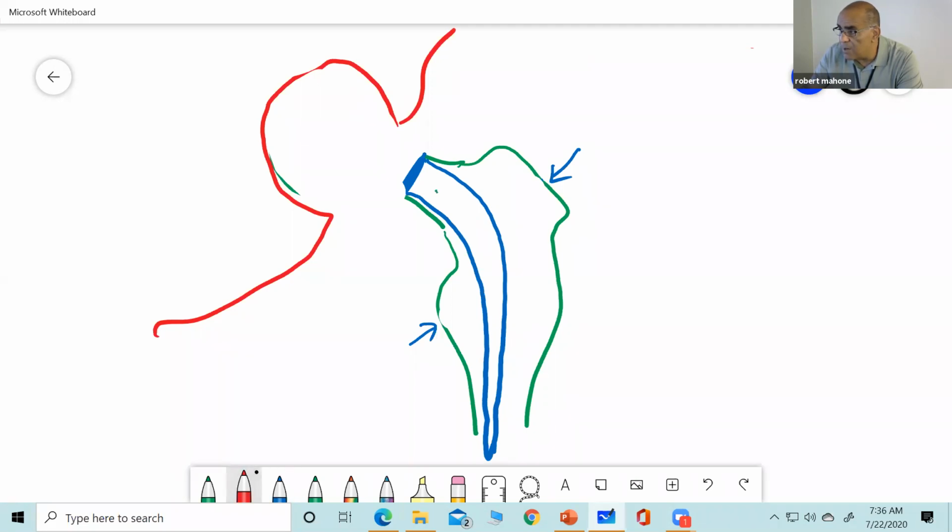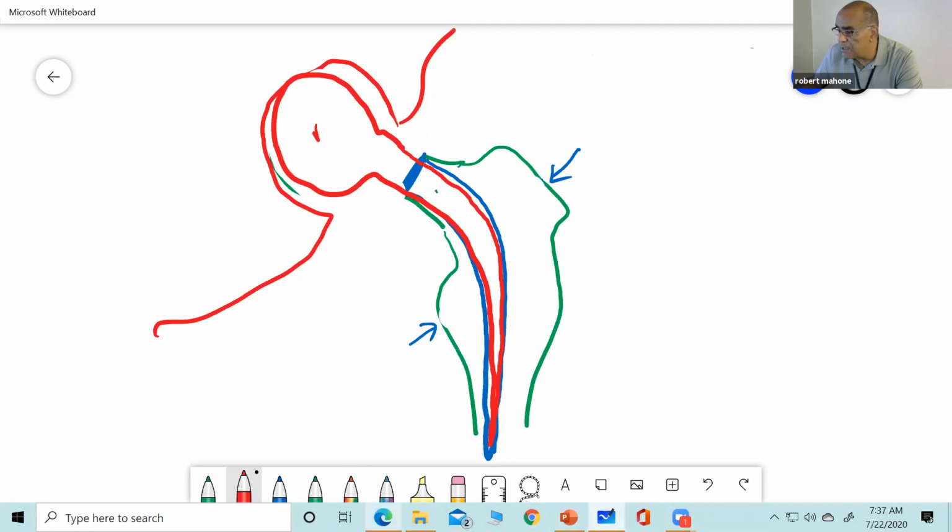And then the prosthesis is inserted into that shaft. It's usually stainless steel or titanium. It goes all the way down in like that, and then the neck comes out, and you have a stainless steel or titanium ball right there. So all of that red is metal.